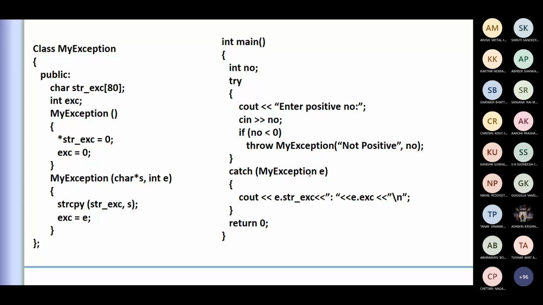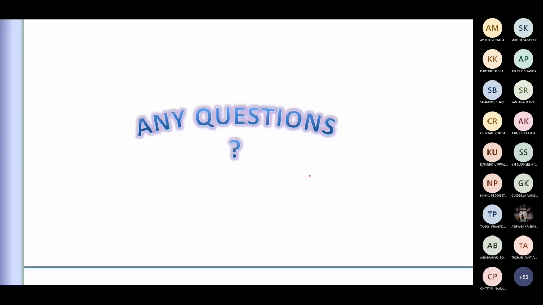Any doubts in this? No, Rajman. Okay. So that comes to the end of try block methods, or exception handling. We have covered almost all portions of C++. One extension I wanted to take is mainly on strings, handling and manipulation.